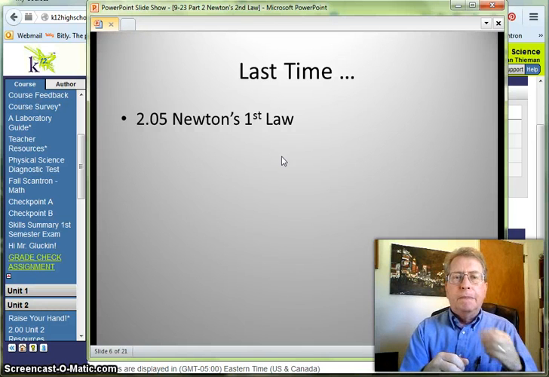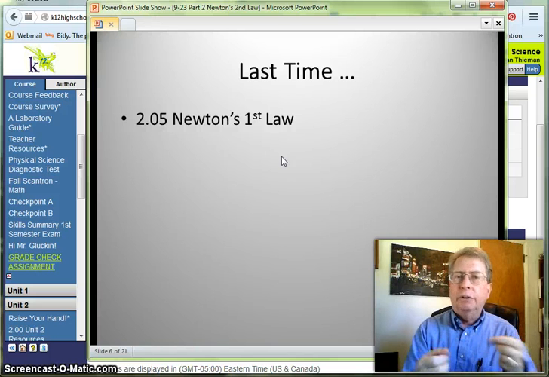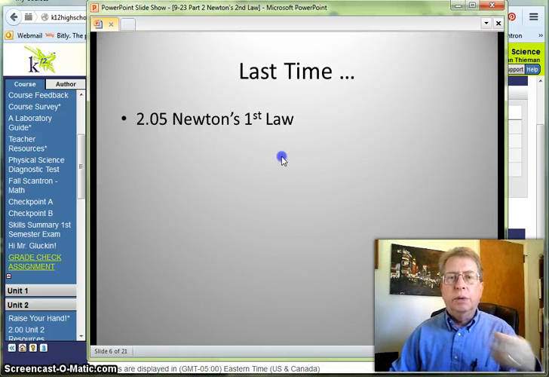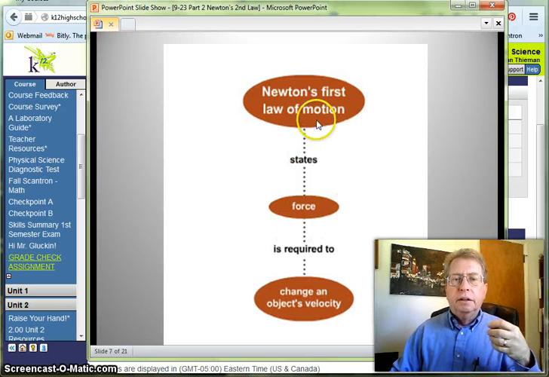So unless something changes its direction, causes it to speed up or slow down, those are accelerations, right? Unless a force acts on it, it's going to keep doing what it's been doing, whether it's at rest or whether it's moving. So a force is required simply to change an object's velocity. That's all that it is.